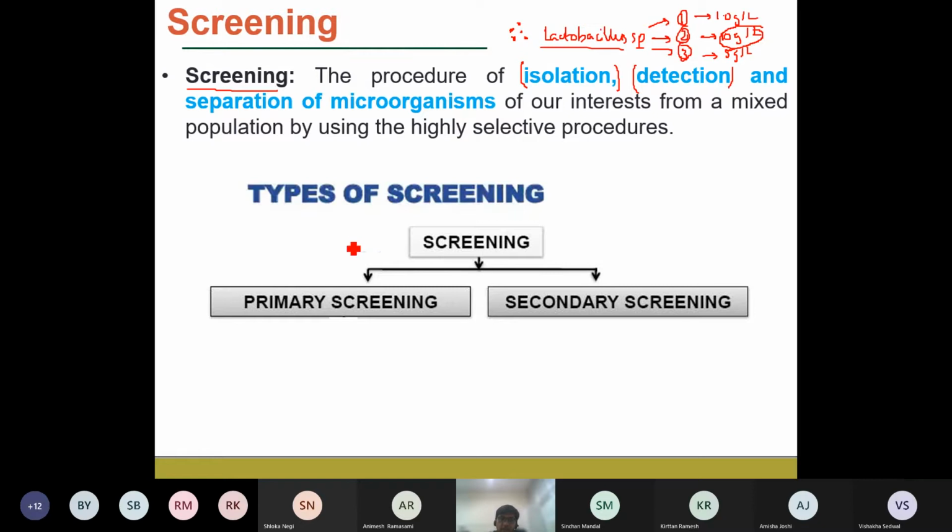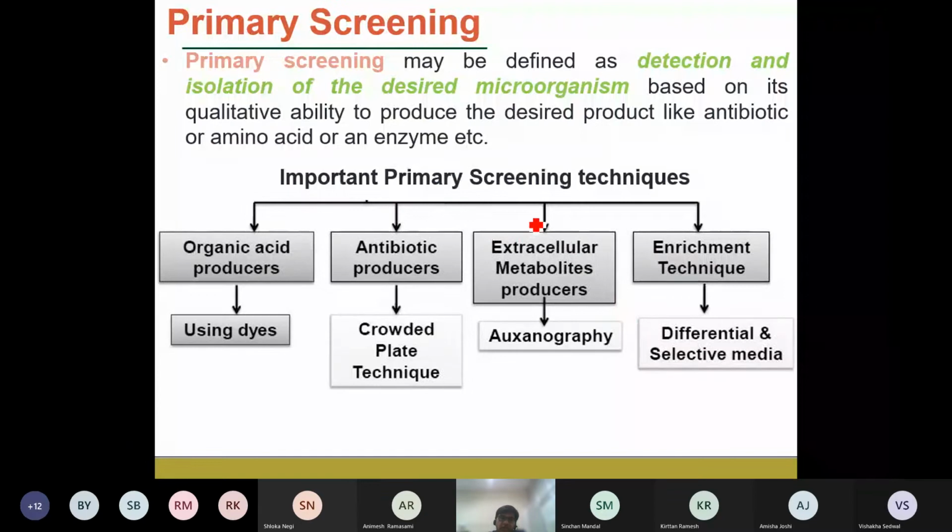Okay, and what are the two types of screening? They are called primary screening and secondary screening. We'll look into what the primary screening is, what the secondary screening is, and the difference between them. In primary screening, we detect and isolate the particular desired microorganism.